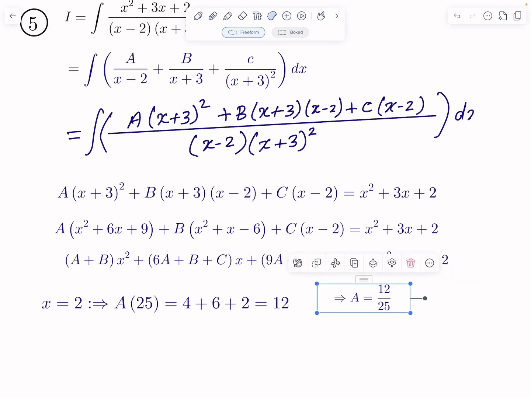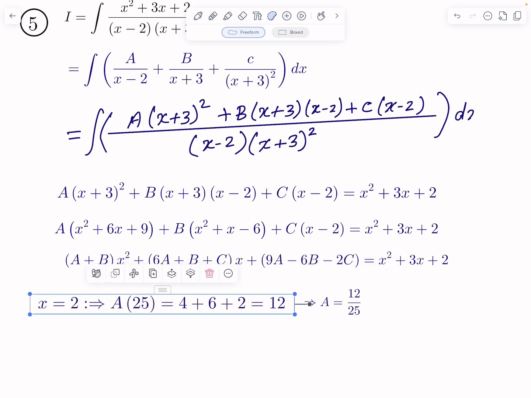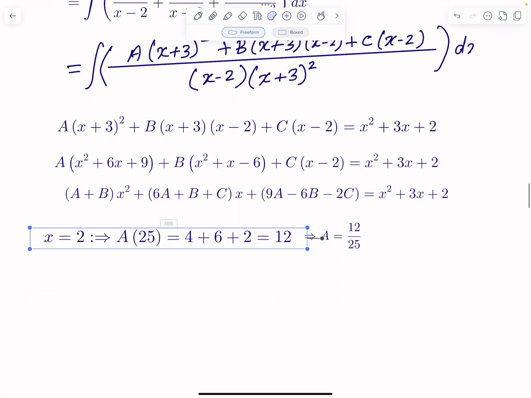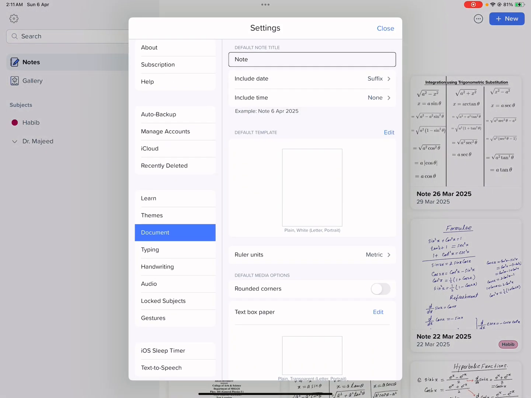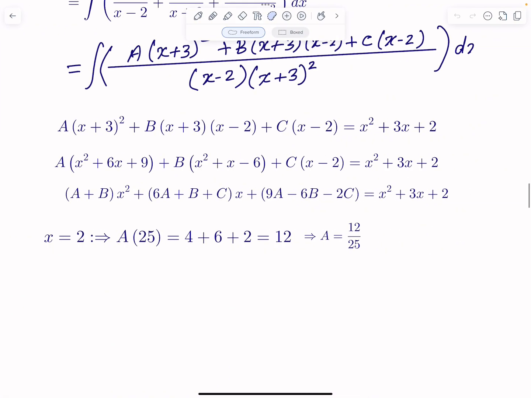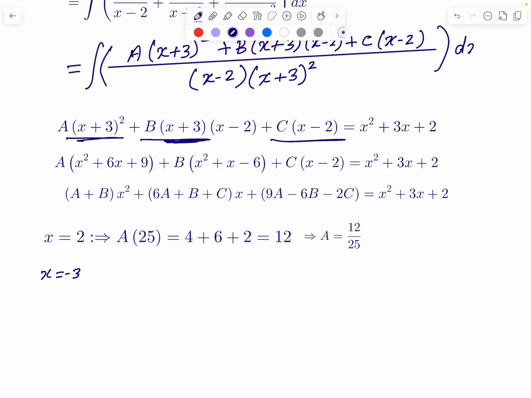And now we can say x equals minus 3 to give this one and this one 0.